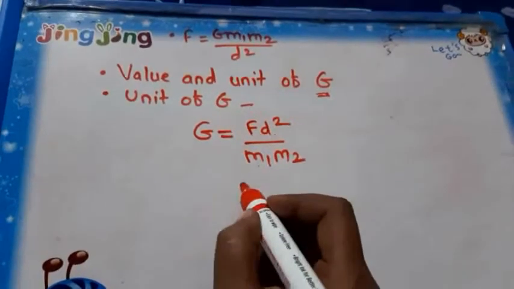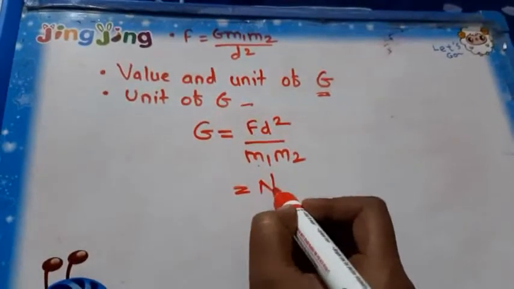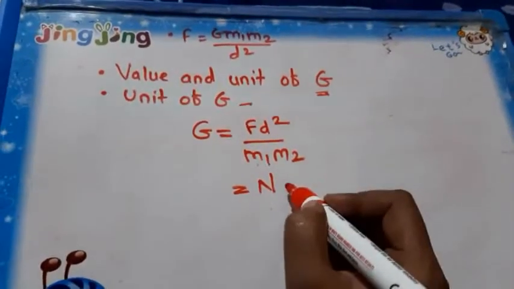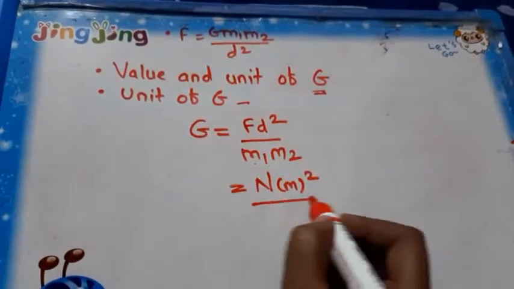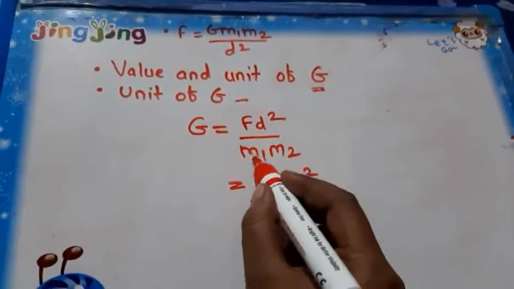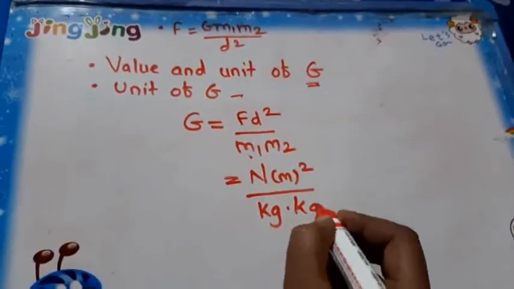Now we will write the units of each term. Force is measured in Newton. Distance is measured in meter. It's a square, so Newton meter square. Then in the denominator, mass 1 and mass 2. Mass is measured in kg. So kg into kg.